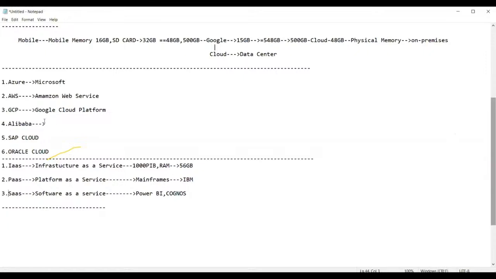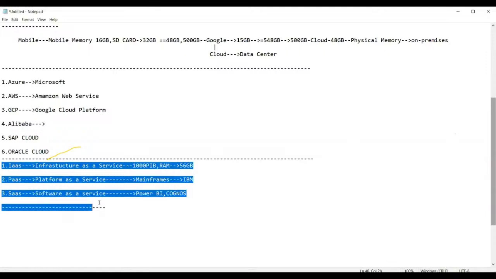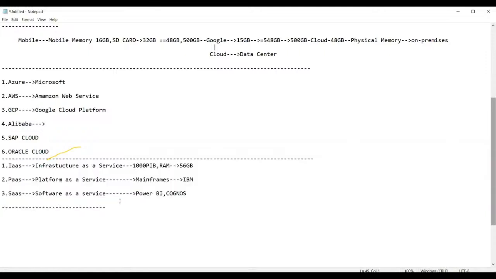So these are the three categories of services we have. The cloud providers have divided their service based on these three categories, and based on these three categories only they are going to bill you. It is as simple as, guys, simply you log in. You have the OTT platforms, Amazon Prime, Netflix, etc. You will enter your mobile number and a password.